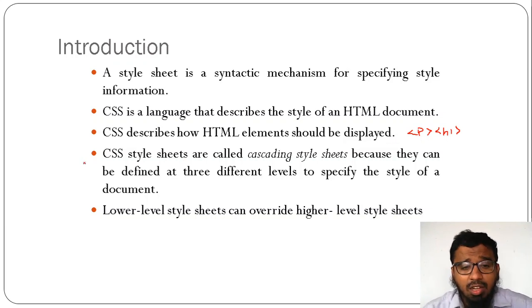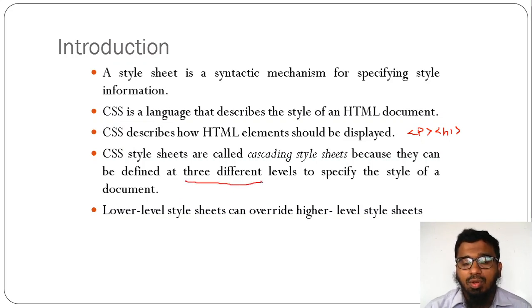Next, CSS style sheets are called cascading style sheets because they can be defined at 3 different levels to specify the style of the document. We have learned that CSS is used to give style to the HTML document. In how many ways can we give it?